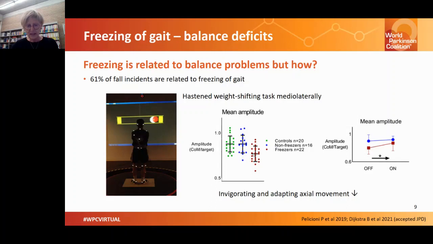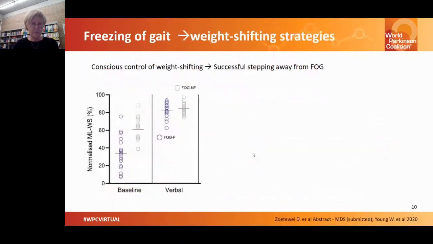And we found that the invigoration of that movement and the adaptation of this very actual movement is reduced in Parkinson's disease, and also more in off than in on. Now, this has clinical relevance because the group of Will Young also showed recently that when you compared freezers and non-freezers at baseline, when they're making medial lateral weight shifts, that indeed freezers were much reduced as well.